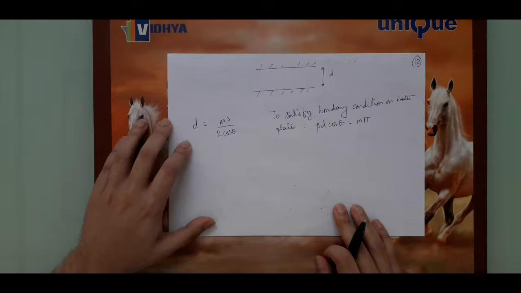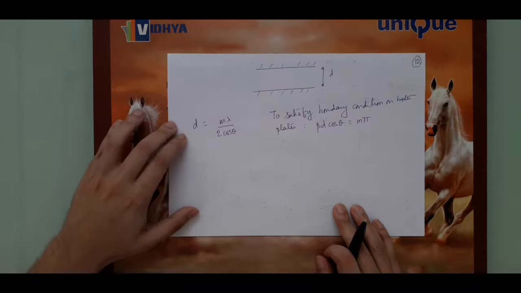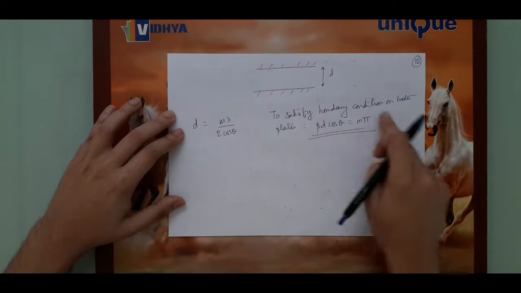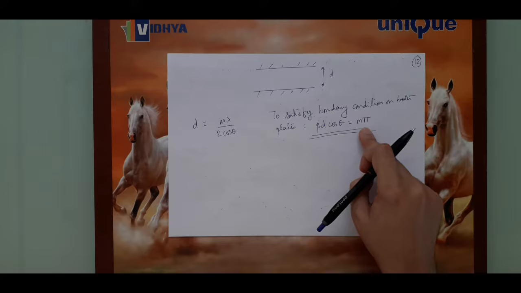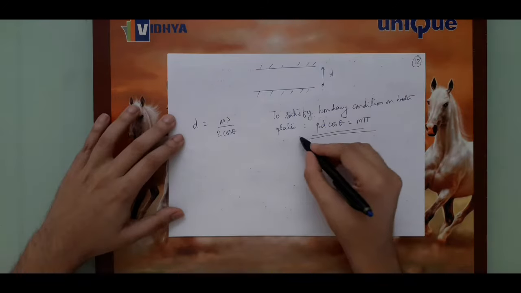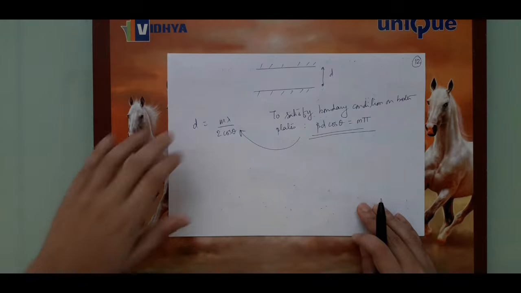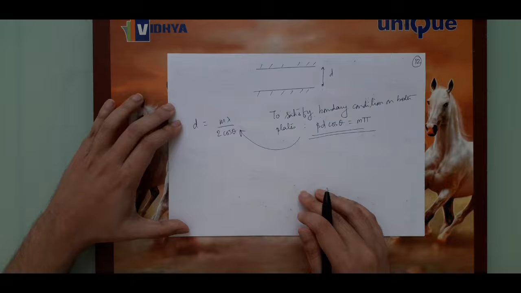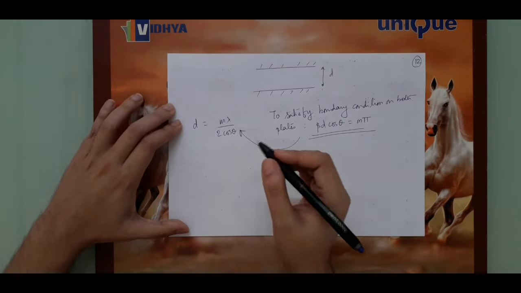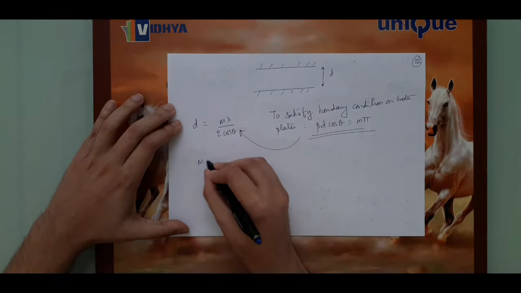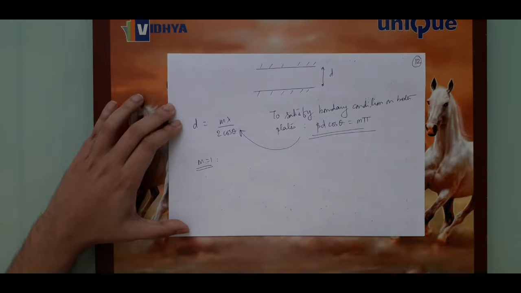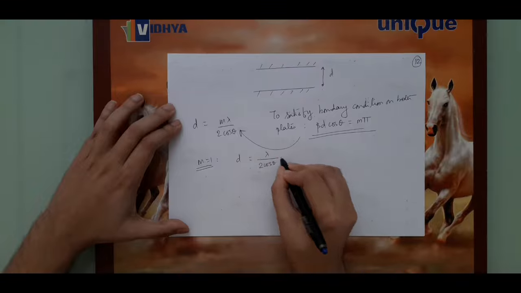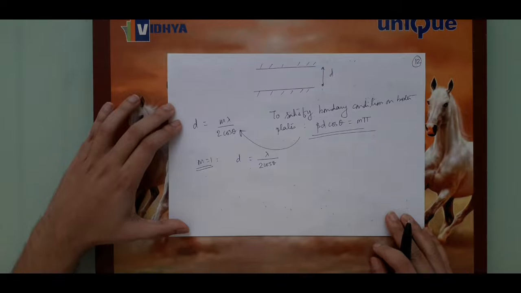Now by putting this boundary condition, we get this. Now let's suppose m is 1. Let's take the special case. In that case, d will be lambda by 2 cos theta.